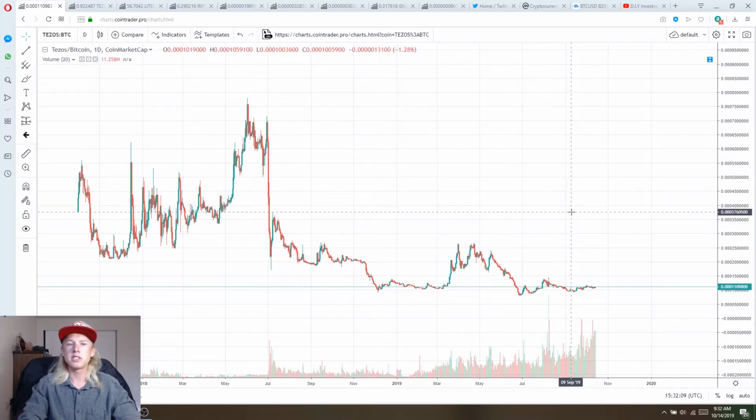Now, the big difference between Tezos and Ethereum is the fact that with Tezos, you can do staking. On the Tezos blockchain it's actually called baking. That's where you stake your Tezos tokens, which I believe are called something different than Tezos, but your XTZ tokens nonetheless. You stake those, and the Tezos blockchain itself has some of the best staking rewards out of all of the other staking projects.